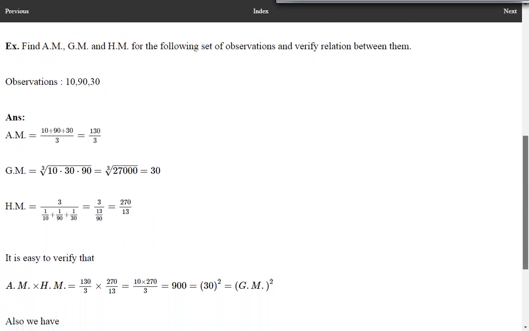So three numbers are given. The numbers are 10, 90, and 30. We have to find their arithmetic mean.